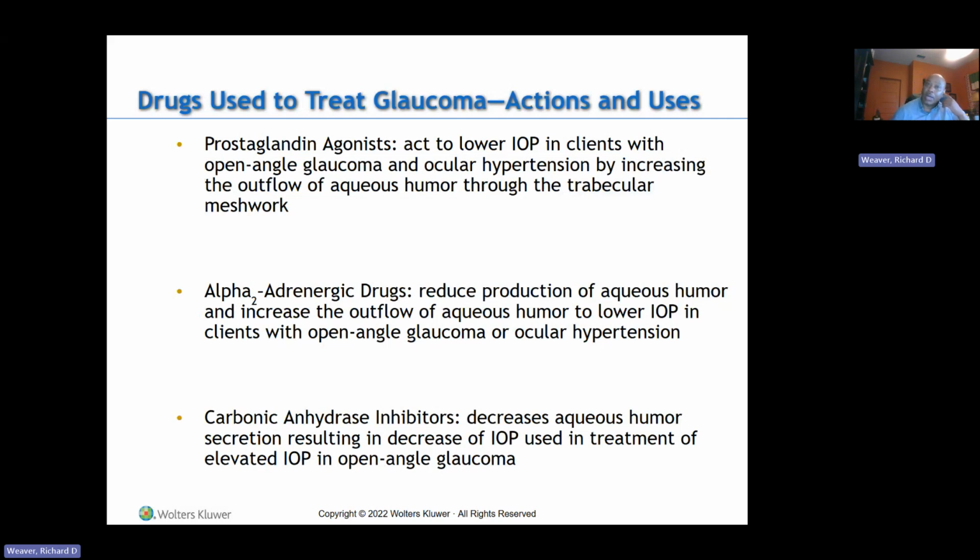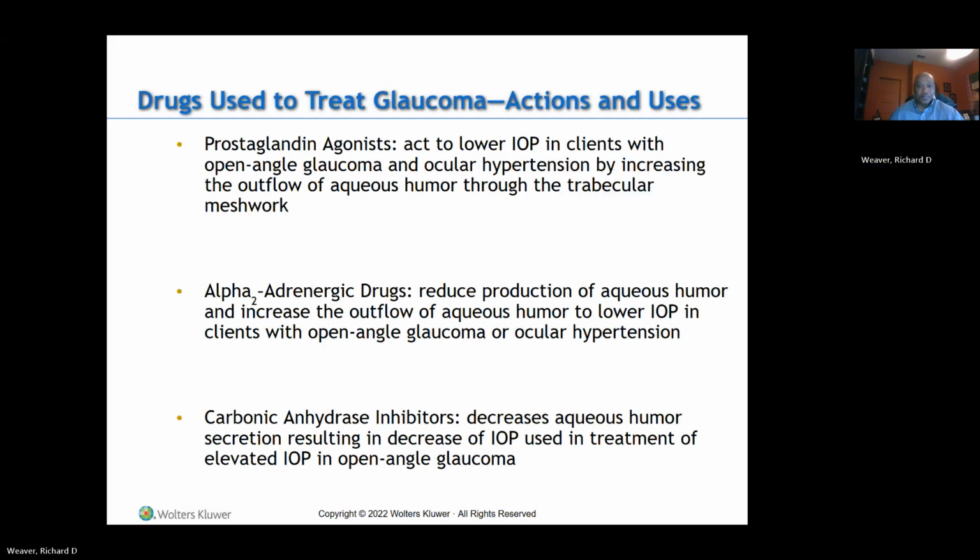Systemic effects are rare because only small amounts of these preparations may be absorbed systemically. So even though these drops may eventually be drained into the canal of Schlemm and into the circulation, the bloodstream, it doesn't really cause any systemic issues because of the small amount.